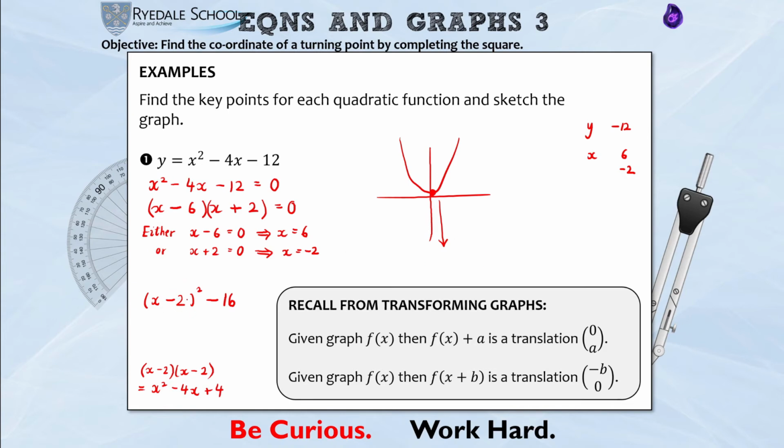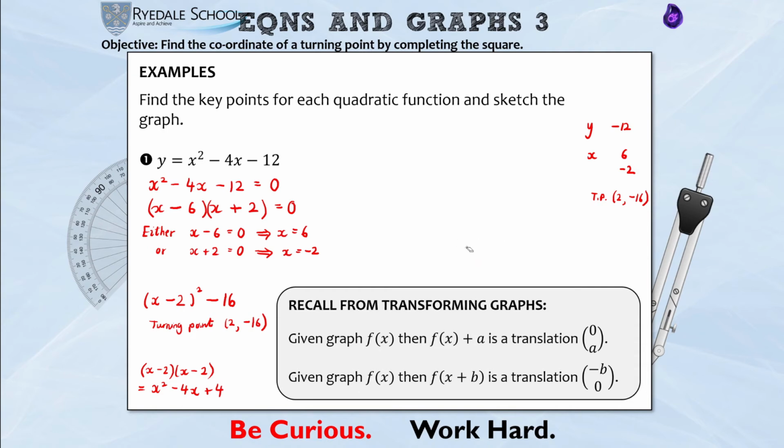So because this is -2, that will push the turning point 2 to the right. So I know the coordinate of my turning point should be 2, -16. So I'll just pop that down there as well.